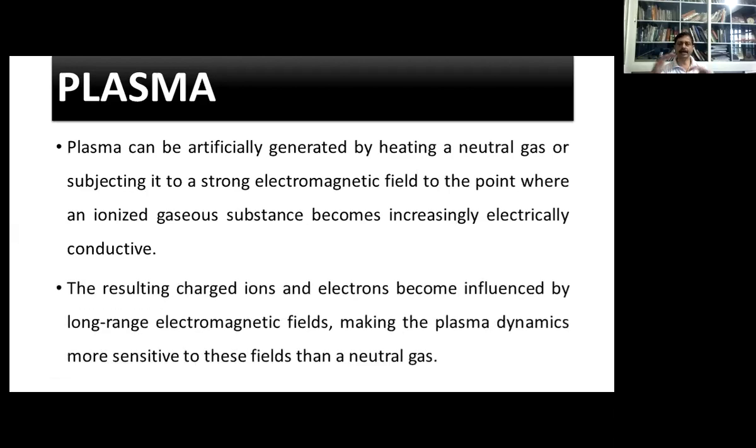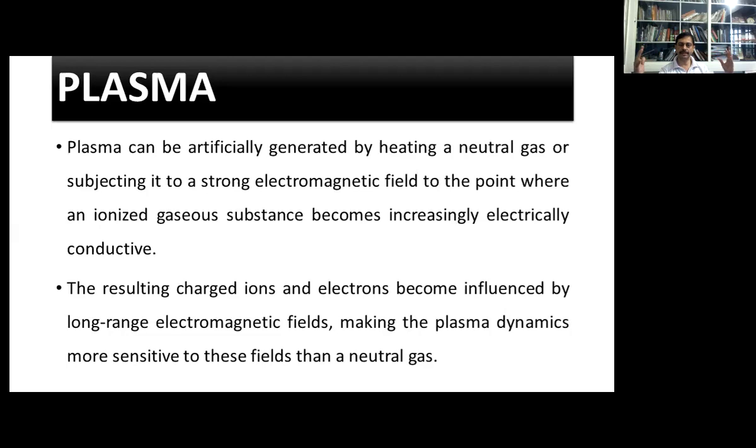The resulting charged ions and electrons become influenced by long-range electromagnetic fields, making the plasma dynamics more sensitive to these fields than a neutral gas. A neutral gas is not sensitive to this electromagnetic field.